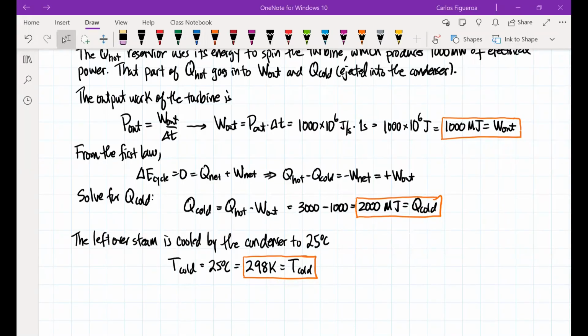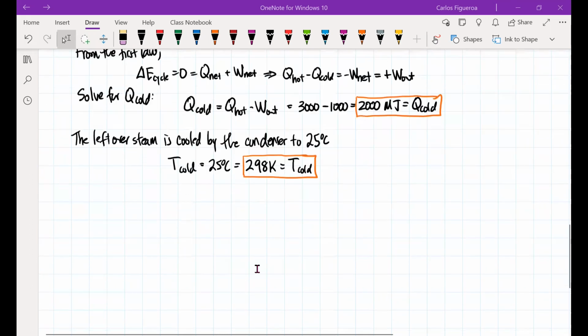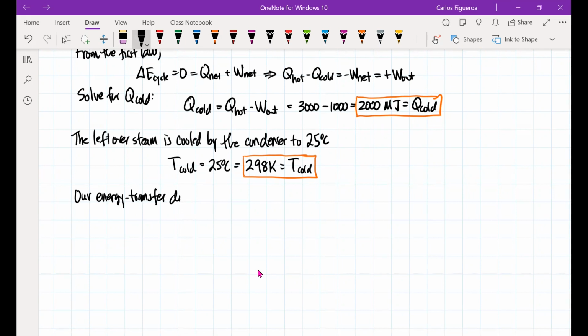So a picture now emerges for our energy transfer diagram. It looks like this.